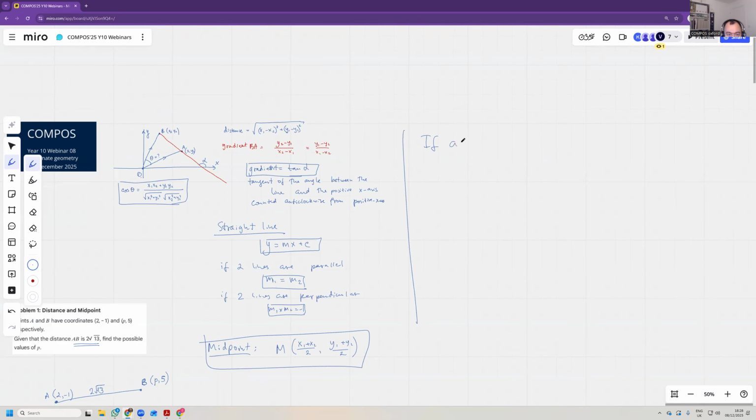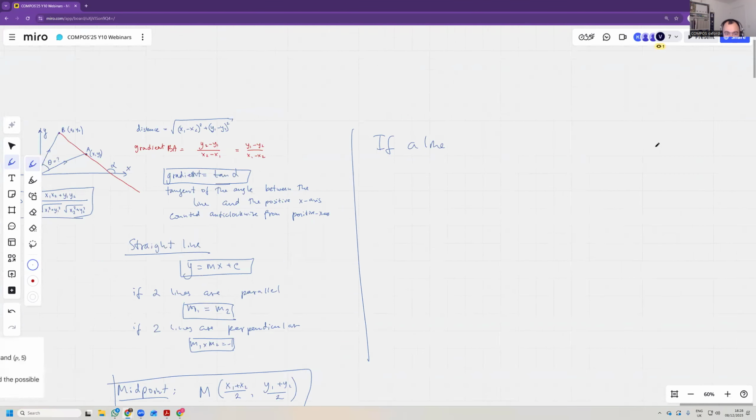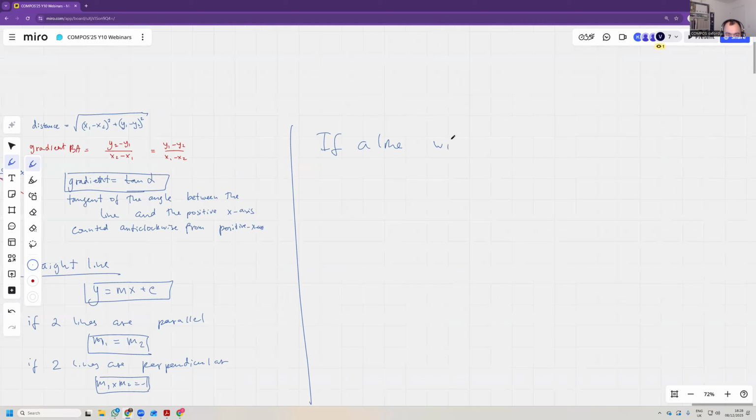If a line with gradient m passes through point (x0, y0), then the equation of the line is y minus y0 is m multiplied by x minus x0.